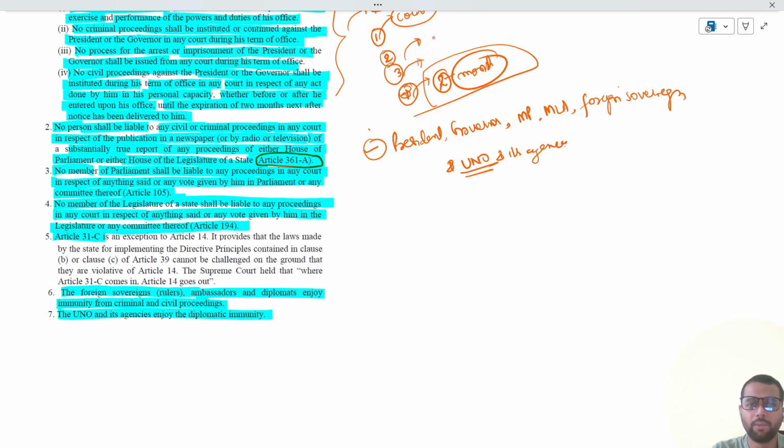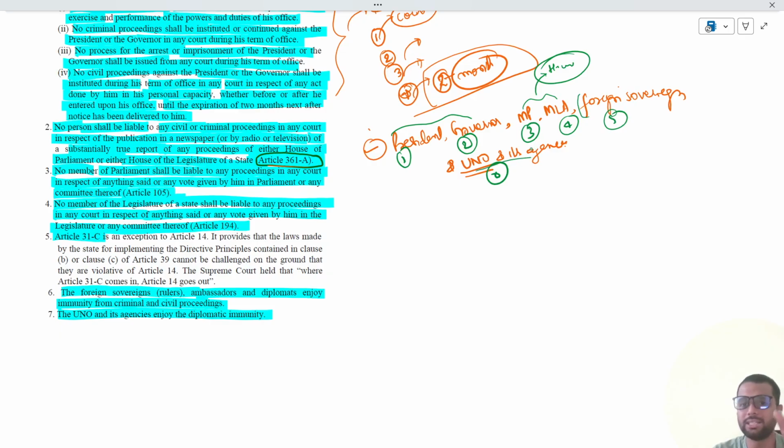Just remember, number one, president, number two, governor, number three, MP, number four, MLA, number five, foreign sovereign, and number six, UN. President and governor, all the details we have discussed. MP and MLA, for whatever they have said in the house of either parliament or state legislature and votes given by them, and foreign sovereign and United Nations Organization and its agencies.